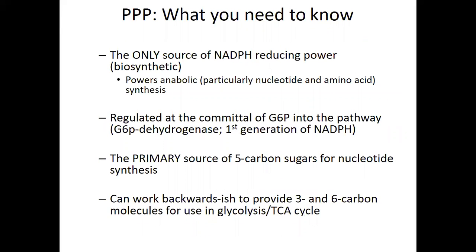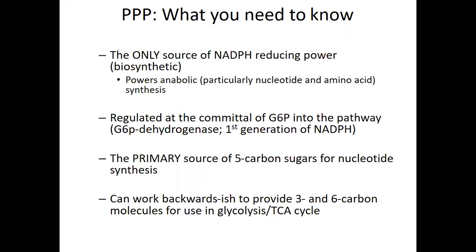All right. Now, what do we need to know about the pentose phosphate pathway? We're not spending a lot of time on it, but it's the only source of NADPH, for powering anabolic reactions. You have glucose 6-phosphate.